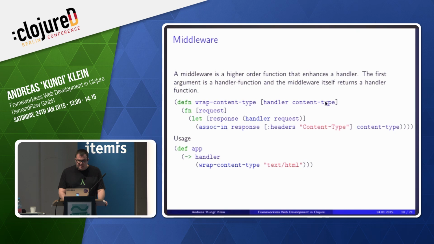It takes a handler and a content type and returns another function, which is also a handler function because it takes a request. So what it does internally, it calls the handler with the request, gets the result, which it puts here in this response variable, and then associates into that map another content type, which you can define here.